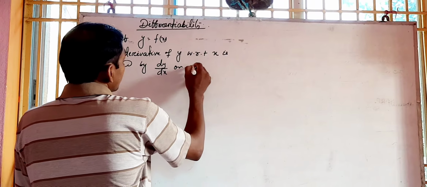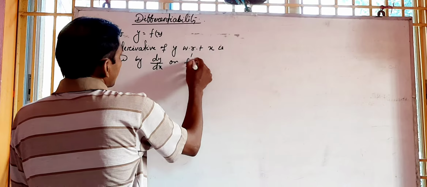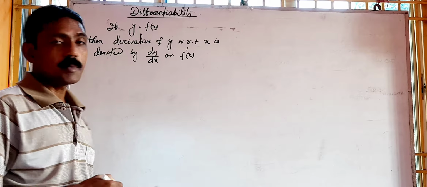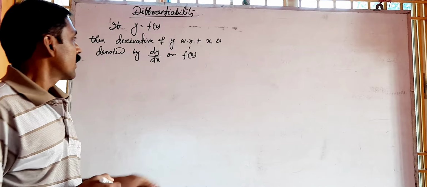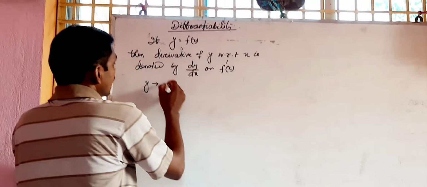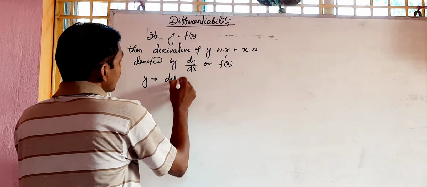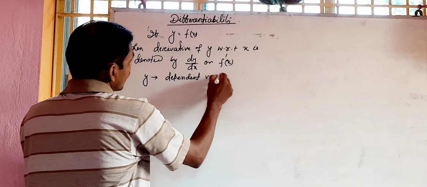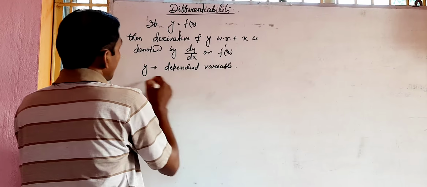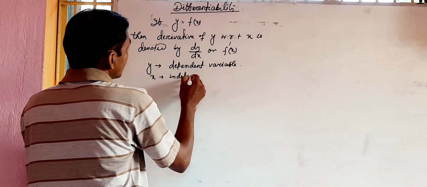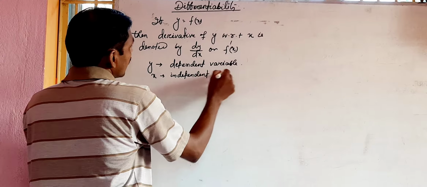Or it can also be denoted by f dash of x, and it is the derivative of y with respect to x. And here always mark that y is the dependent variable and x is the independent variable.